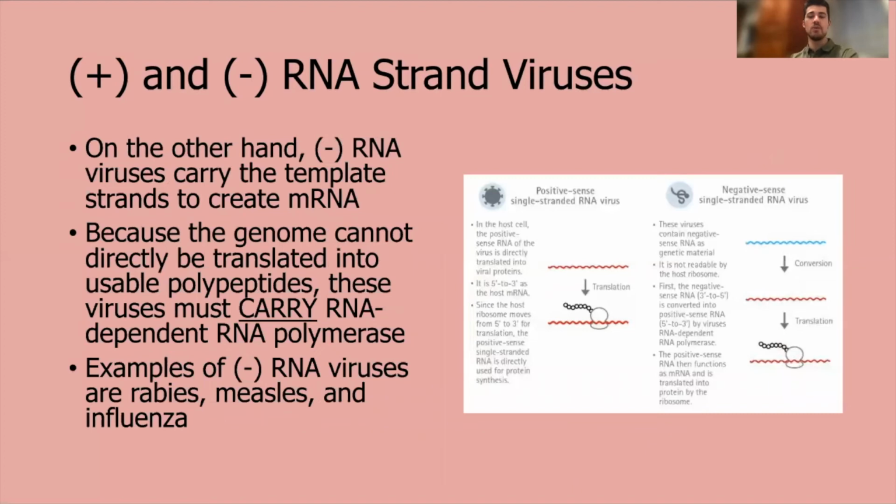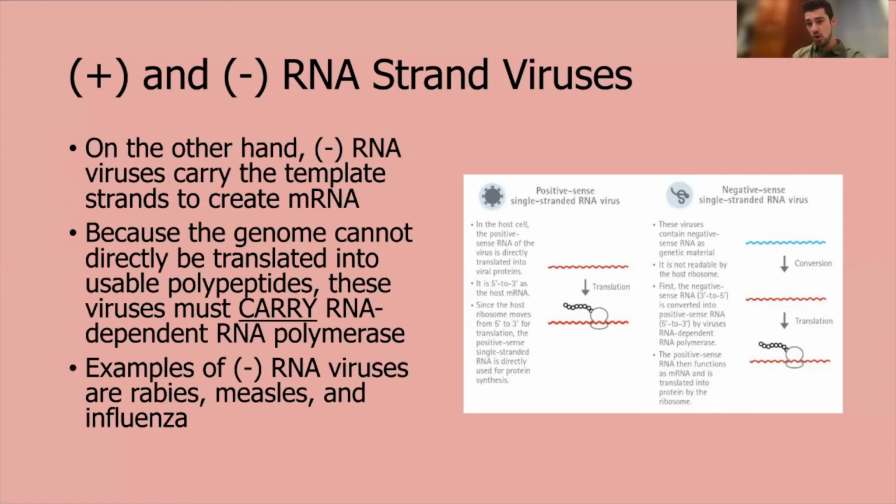On the other hand, we have negative strand RNA viruses that carry the template strands to create mRNA. So the positive strand RNA genome can immediately be used as mRNA in the host cell. The negative strand RNA viruses only have the complement, that template strand. So they also need to use RNA-dependent RNA polymerase, but they actually have to carry that protein. If they only encode for that protein, there is no possible way that it can be created when it enters the cell, because all it has is that complementary negative strand RNA.